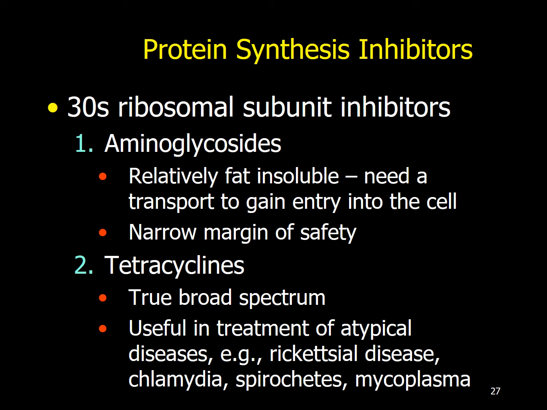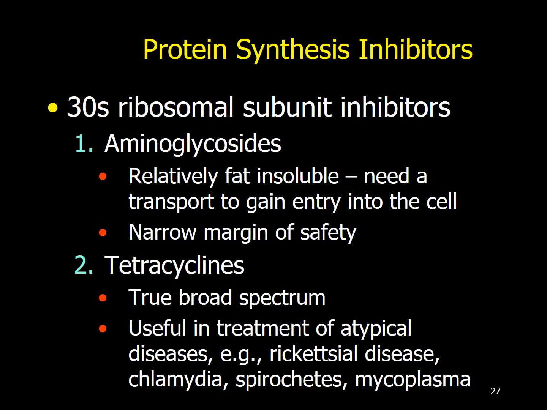Among the many protein synthesis inhibitors that we work with, the aminoglycosides and the tetracyclines are 30S ribosomal subunit inhibitors. So if you look up in your drug book how they work and it says 30S ribosomal subunit, you're like, oh, that's clear as mud. Now, hopefully it makes a little more sense how it works. The aminoglycosides, which are very powerful antibiotics, like amikacin, streptomycin, and gentamicin, are relatively fat insoluble.